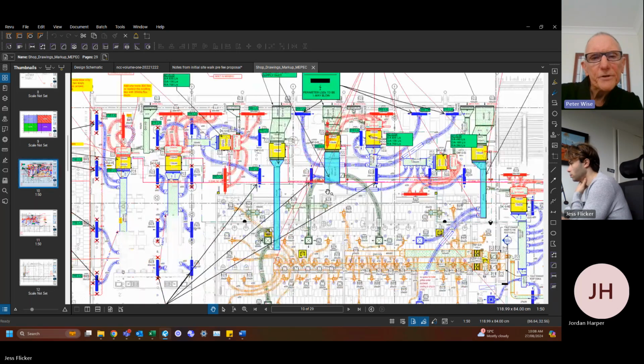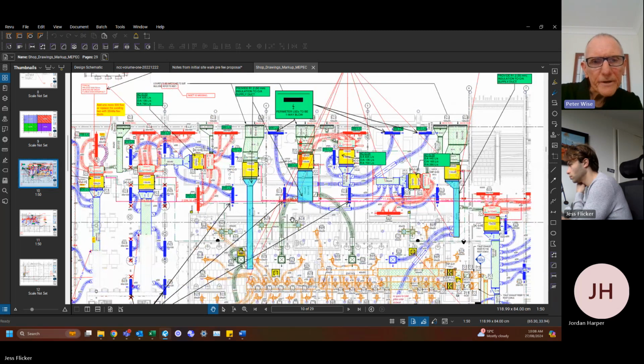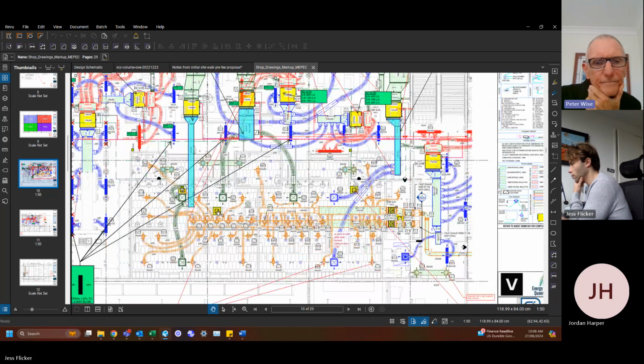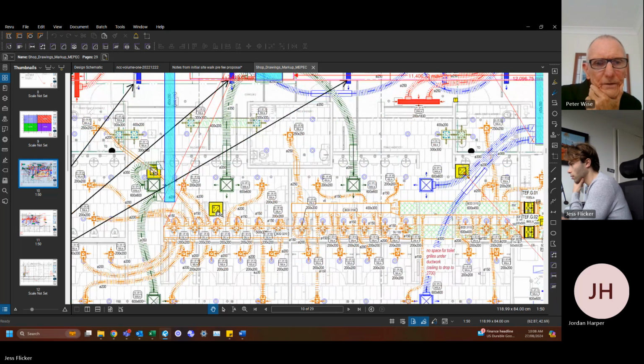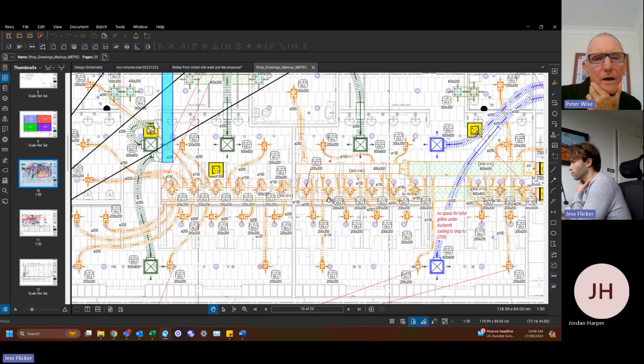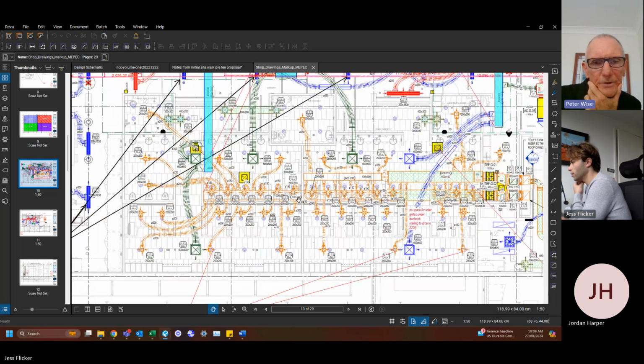But that first drawing there, so they're supplying preconditioned air to a space. Is that space just ventilated, what is that space there? I think it looks like toilets. Yeah, toilet floors. So it's make-up air to toilets.